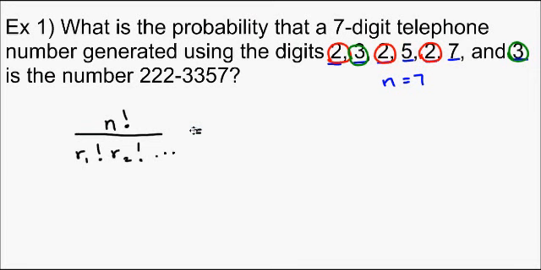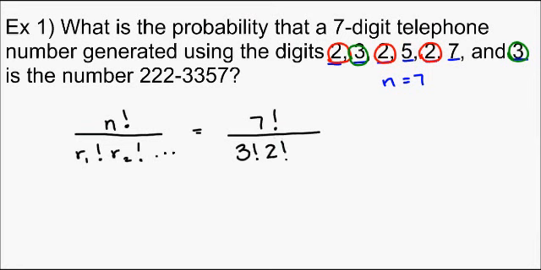My n is 7, so 7 factorial over, well, I've circled the repeated objects already. 2 repeats 3 times, so I have 3 factorial on the bottom. 3 repeats 2 times, so over 2 factorial.